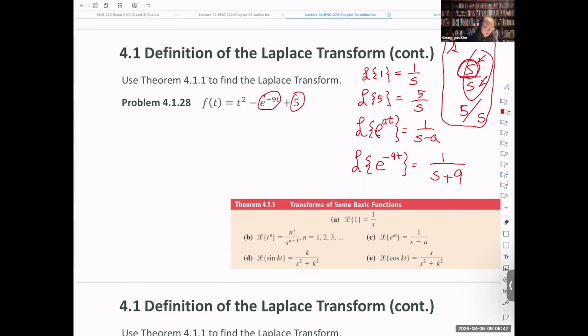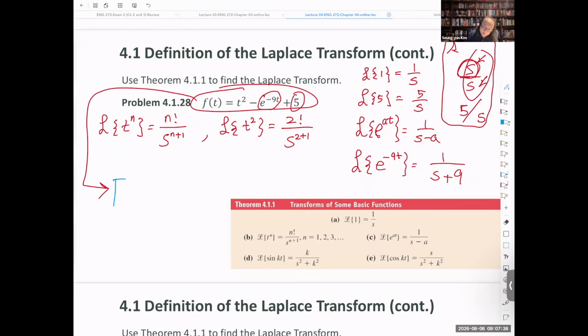And then we have t squared. The equation sheet says the Laplace transform of t to the power of n is n factorial over s to the power of n plus 1. Therefore, the Laplace transform of t squared is going to be 2 factorial over s to the 2 plus 1.